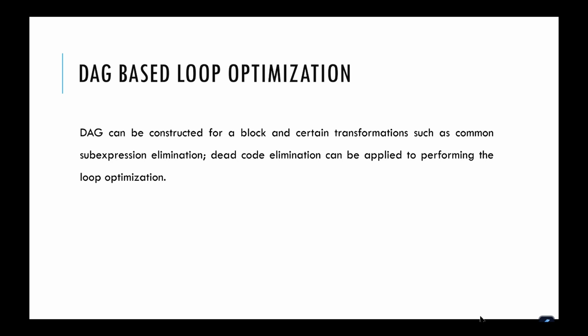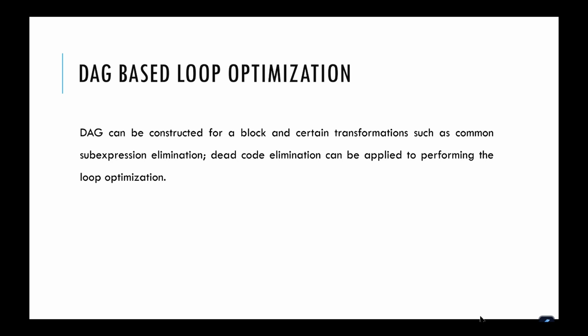In the same way, dead code elimination can be done while performing the loop optimization, so that wherever we have repeated sub-expressions and dead codes, whatever the unnecessary or repeated things, all these will be eliminated. Then only we're going to be generating the DAG.